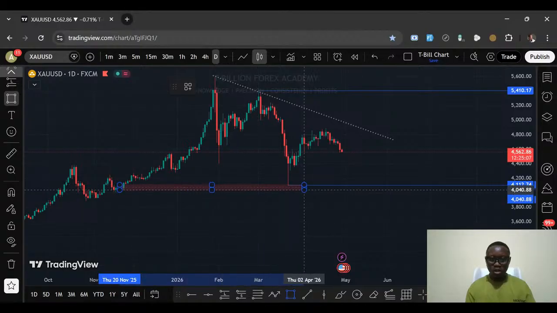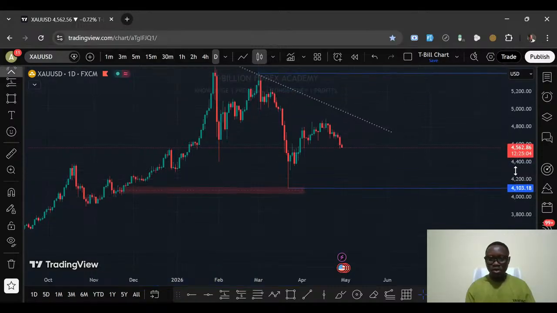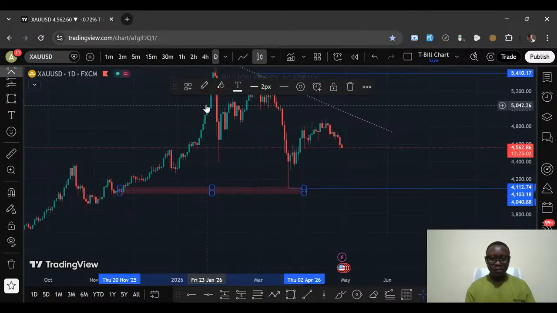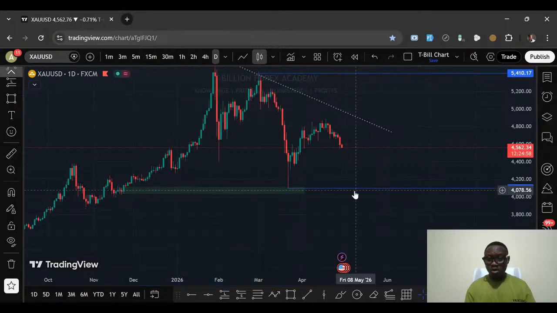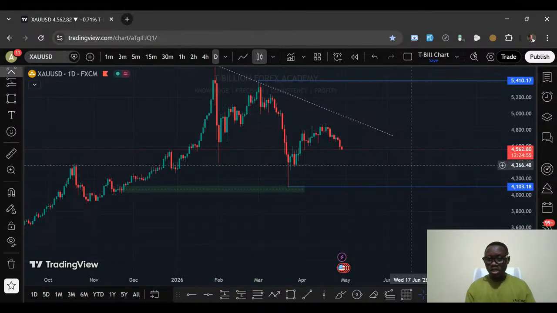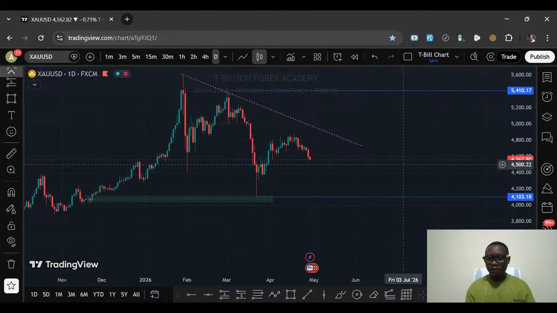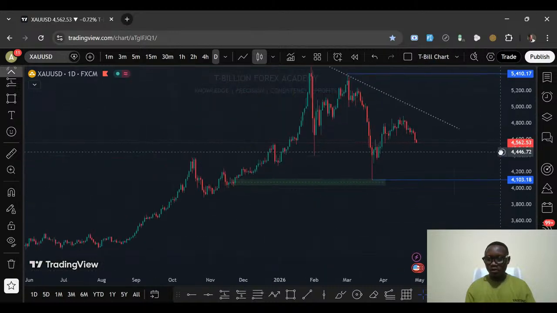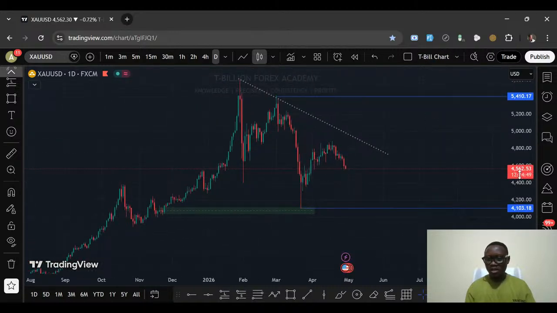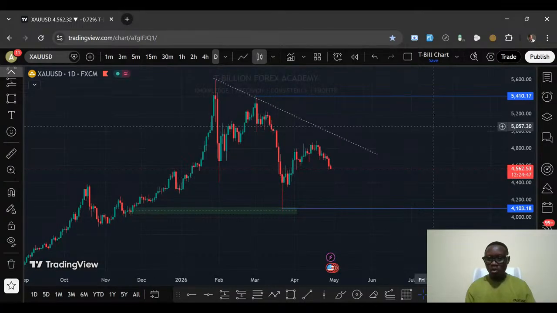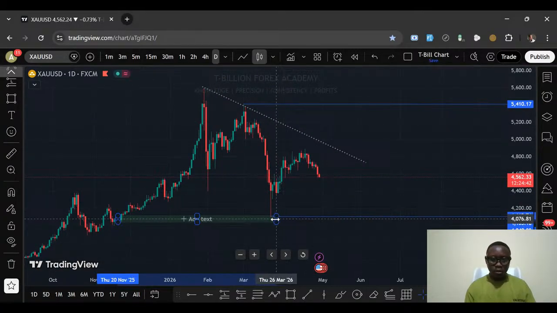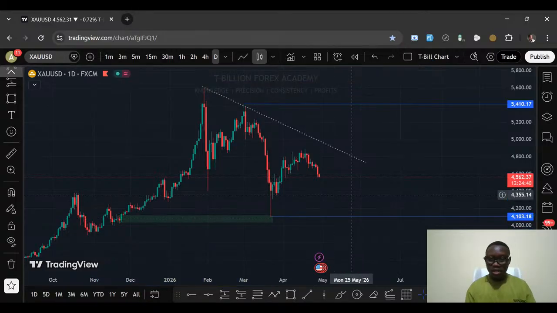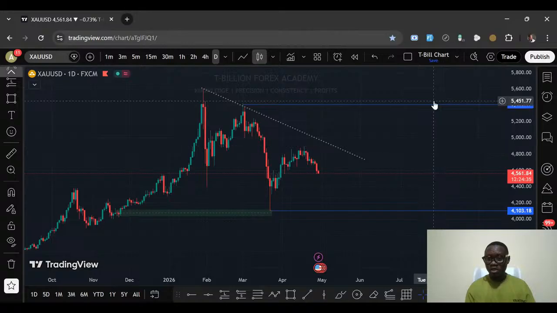But again, our bias is bearish, and we're focusing more on sell opportunities than buys. Let's mark out our POI. It's our POI that will determine what we're going to be doing, basically buying or selling. But overall, we are bearish, so it's more of a sell opportunity than a buy.